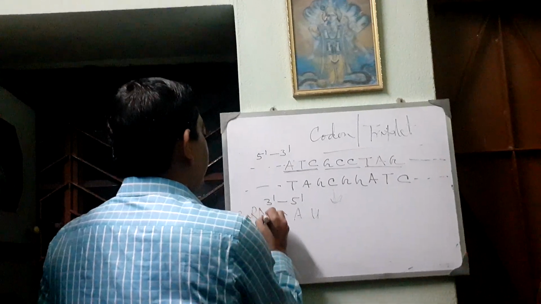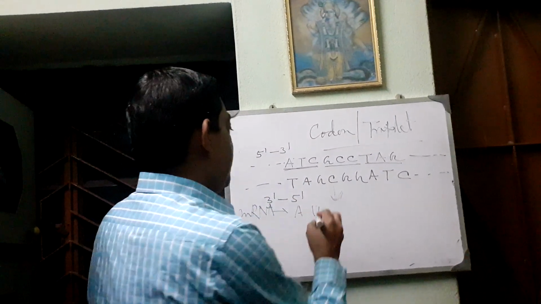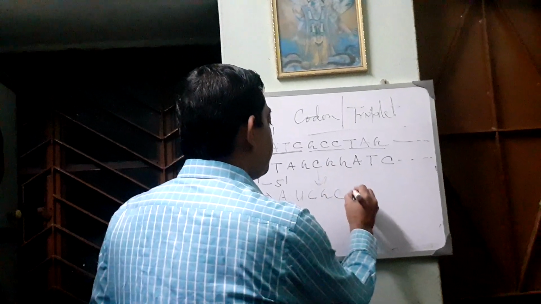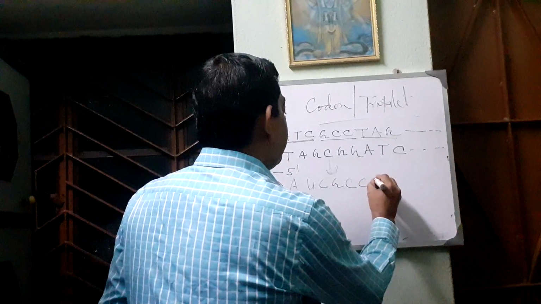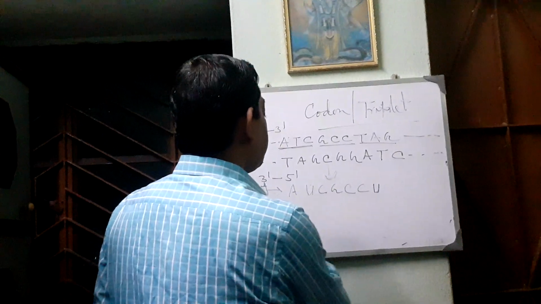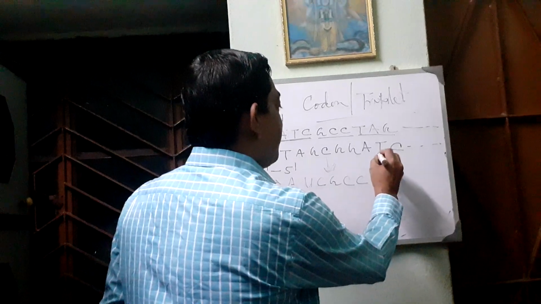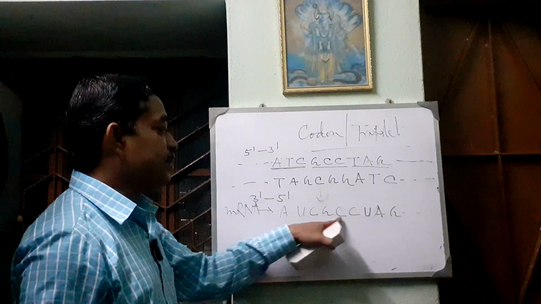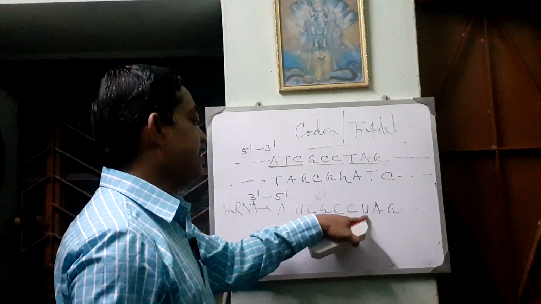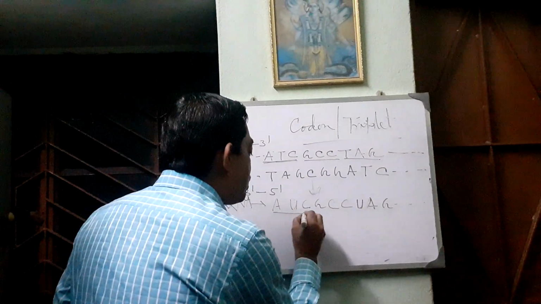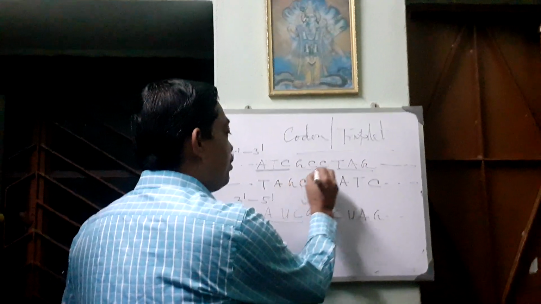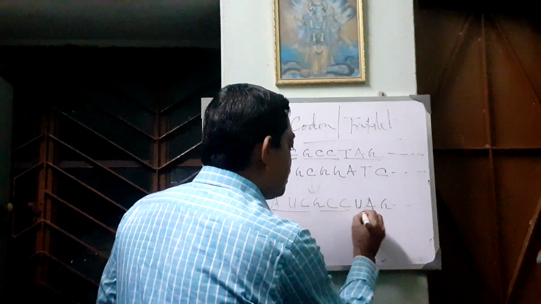G will be C, C will be G, G will be C, G will be C, and A will again be U in place of T, because RNA structure is like that. T will be A and C will be G, no problem. Only T is replaced by uracil, a pyrimidine base. In DNA the triplet is not called a codon; in mRNA this is called a codon.